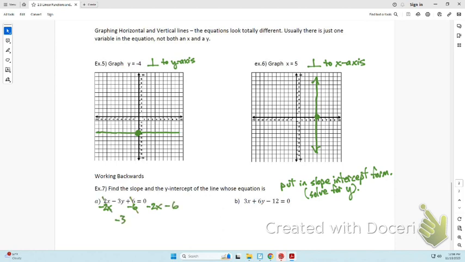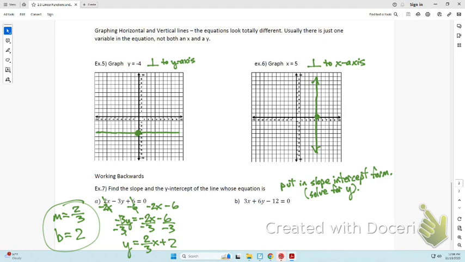And now we have this equation. Divide everything by -3. And our equation looks like this. Slope is 2/3, and y-intercept is 2.